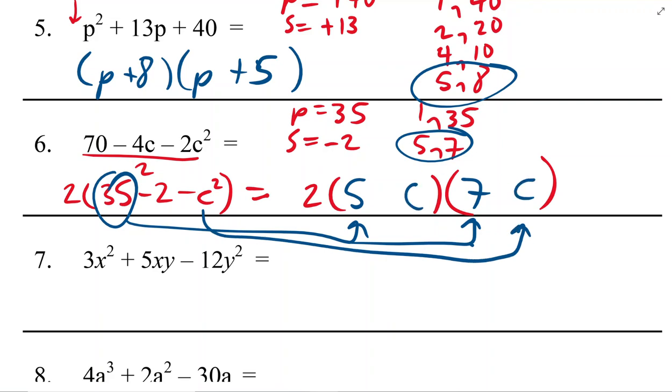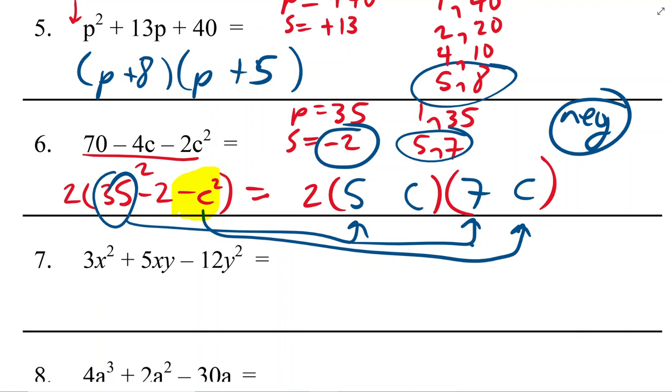But what else I also know is in order for it to be negative c squared, either this one is negative or this one's negative. So now I got to play around. Where should my negative sign go in order for me to get a negative 2? Which number must be negative in order for me to end with a negative 2? The 7 or the 5? The 7.